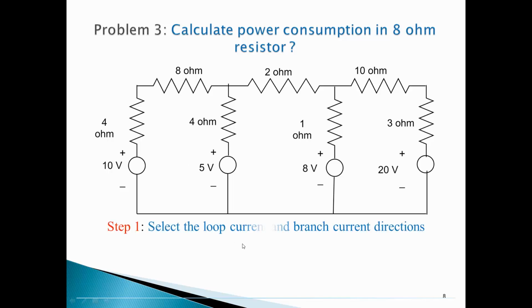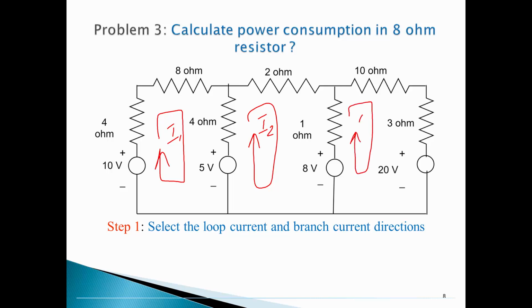As usual, let's select the loop currents and finally the branch current directions. I'll select all clockwise once again. Mark the branch current from this area, 4 ohm or 8 ohm, doesn't matter.